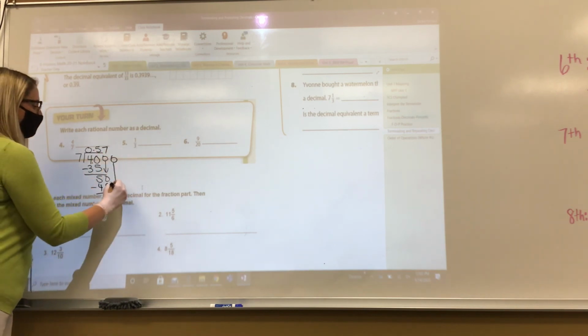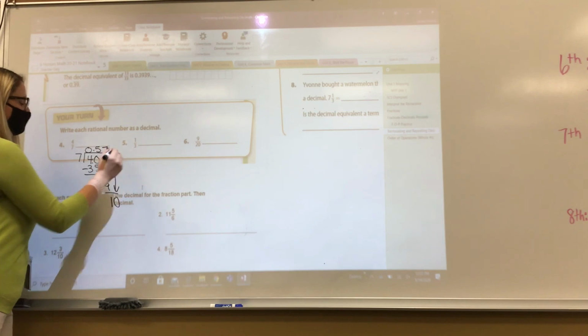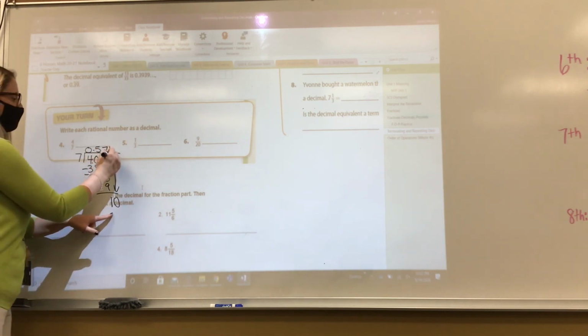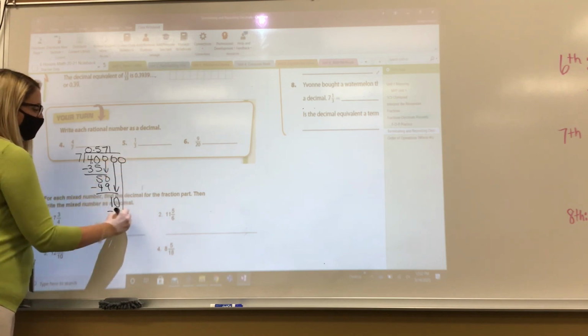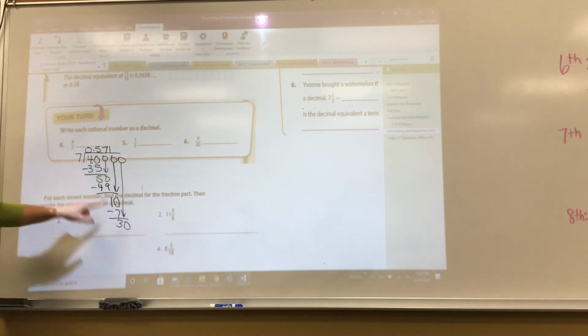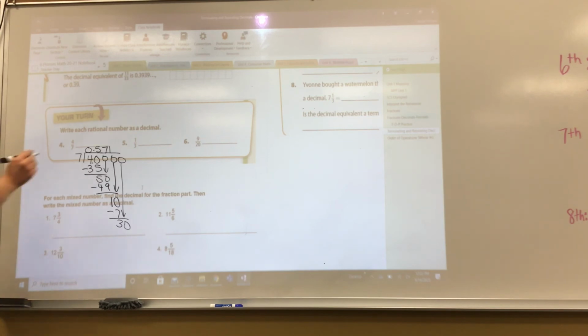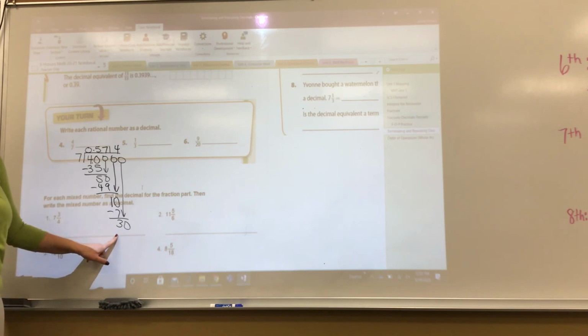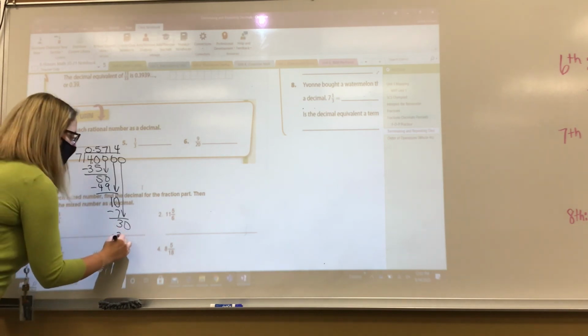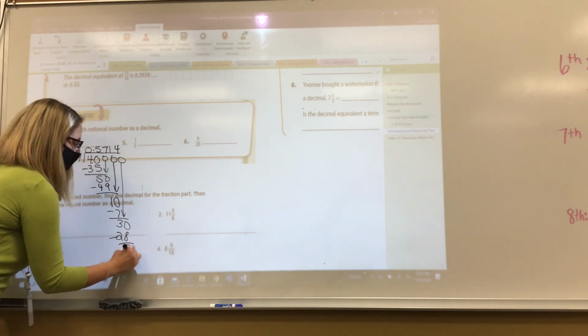Add a 0, bring it down. Okay, how many times does 7 go into 10? 1 times 7 is 7. We have a 3. Add a 0, bring it down. How many times does 7 go into 30? 4 times 7 is 28. I subtract and get a 2.